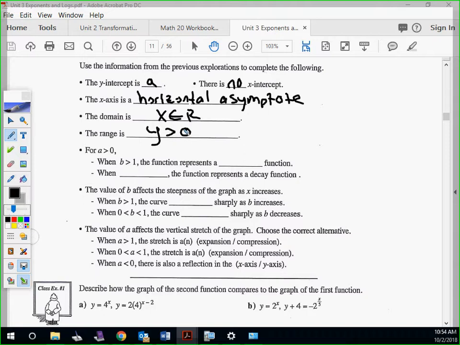When b is greater than 1, it represents growth. When b is between 0 and 1, it's a decay. When b is bigger than 1, it rises. When b is between 0 and 1, it falls.